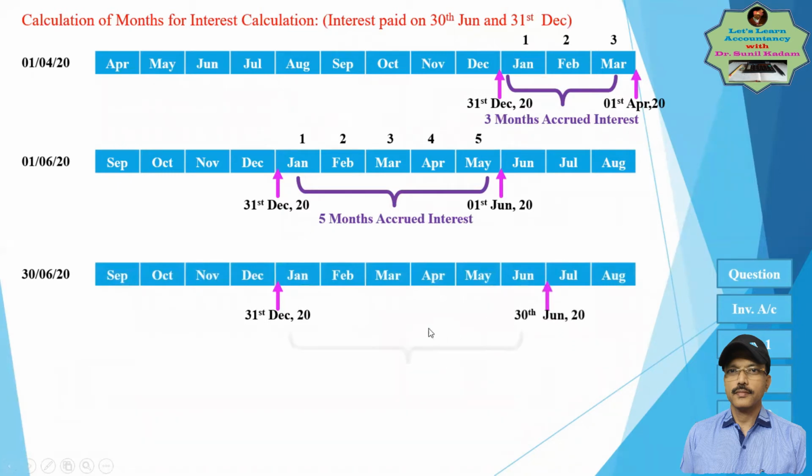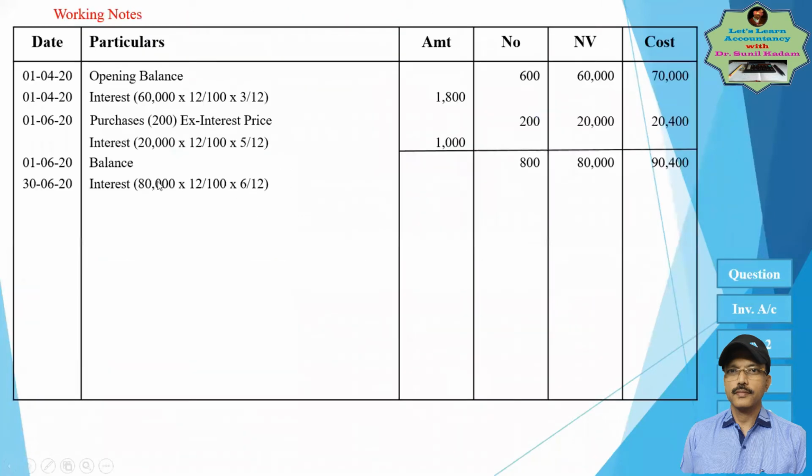How many months? The difference will be calculated. Jan 1st, February 2nd, March 3rd, April 4th, May 5th, and June 6th. Total 6 months of interest. It's not accrued interest. It is interest received. So we will calculate 6 months, 80,000 into 12% for 6/12. That is 6 months. The amount comes to 4,800.